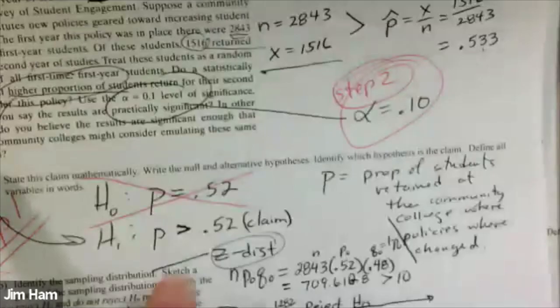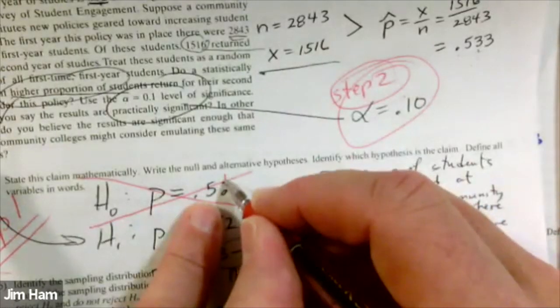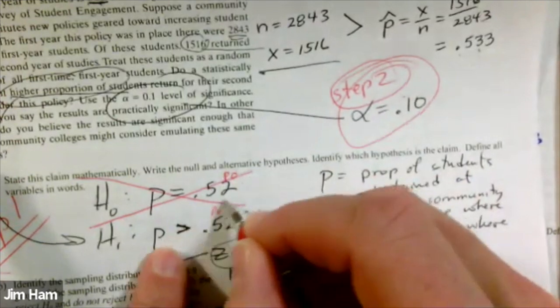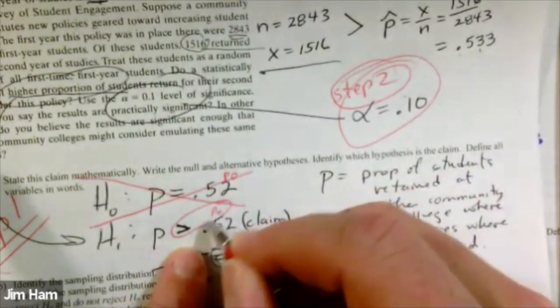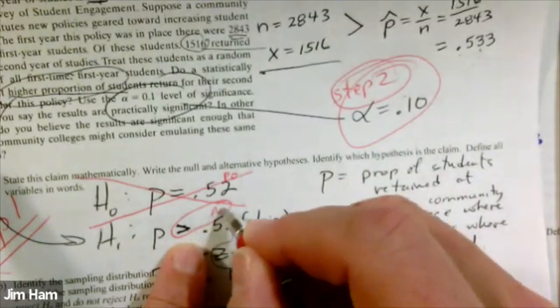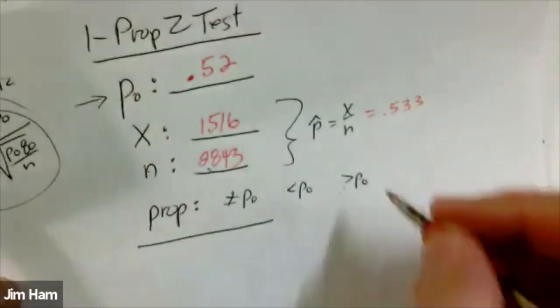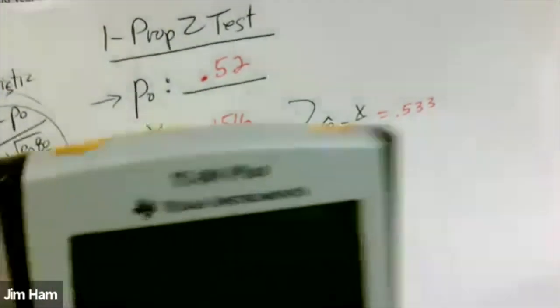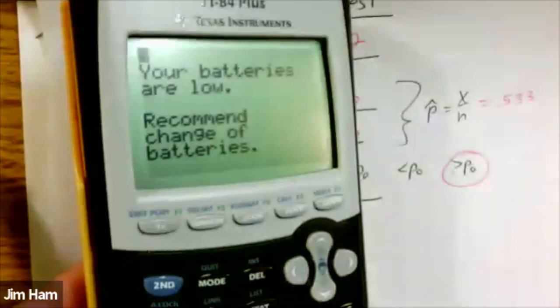And then this is our P0 value. And then what you see is greater than P0. So the alternative hypothesis is greater than P0. So that's why we select that one. I should probably make sure that these are in the right area. All right, and then the output will be the test statistic and the p-value.